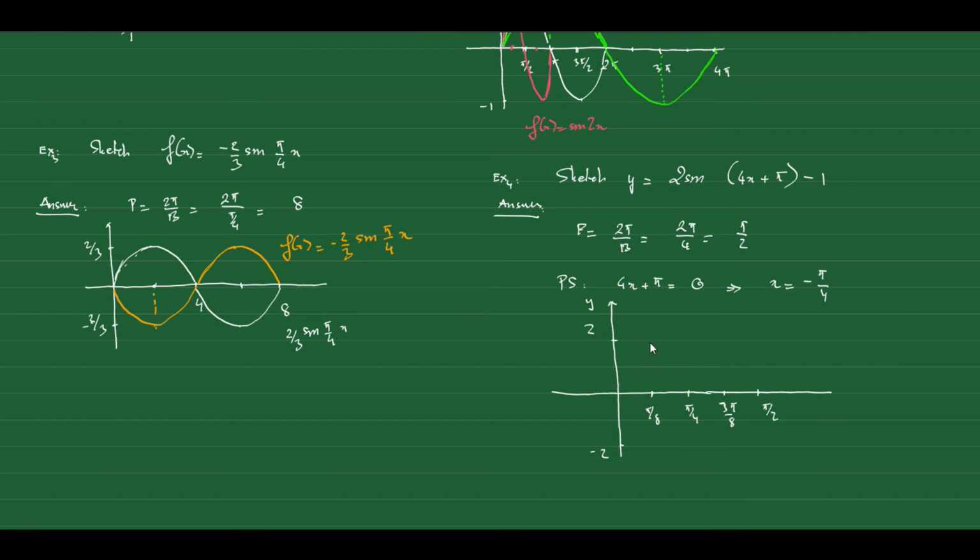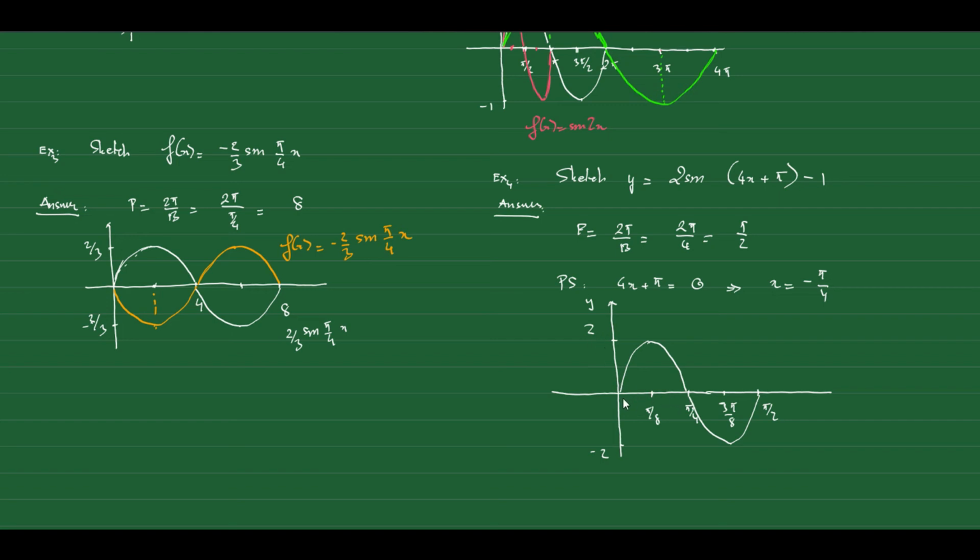So let's do one revolution first. I'm gonna use y1, one revolution with amplitude 2 and period pi over 2. Now we're gonna shift it to the left because it's plus, so you gotta shift it to the left pi over 4.